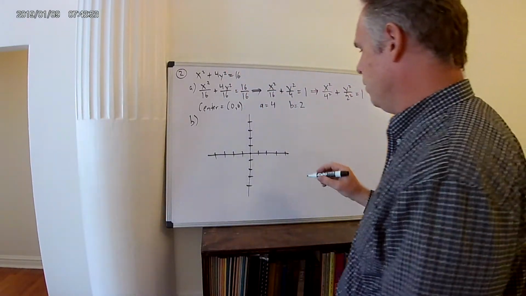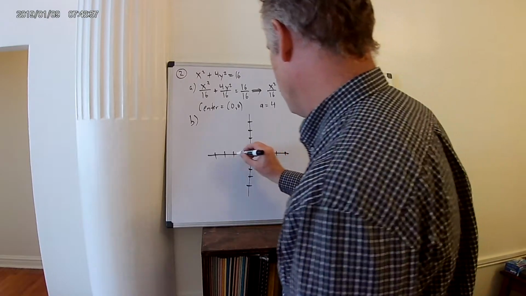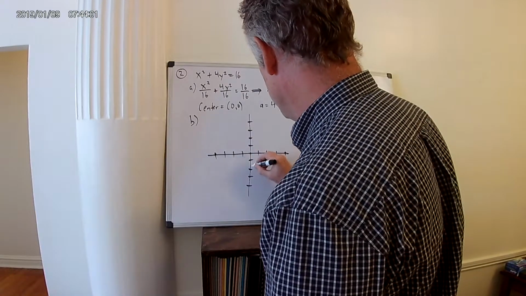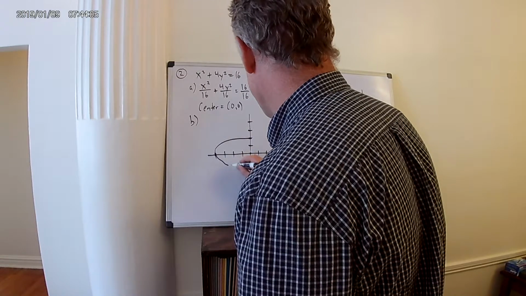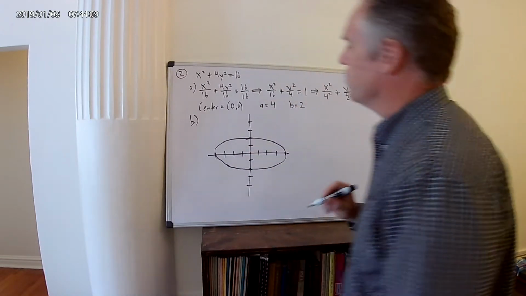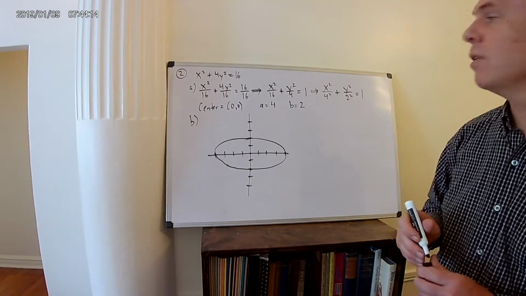Our horizontal distance is 4, so we go out to 1, 2, 3, 4. We go 4 the other way, and we get out to here. Our vertical distance is 2, so here we are, 2 and 2, and we have a fairly stretched out ellipse. It looks something like this. It's a horizontally aligned ellipse.